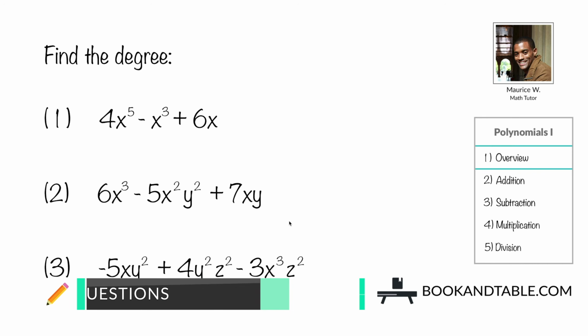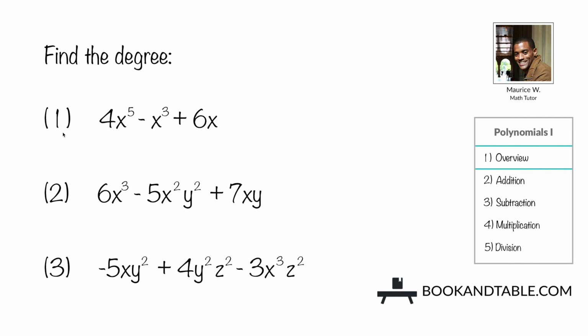Let's now have you try a few practice questions. Question number 1. Find the degree of 4x to the fifth minus x cubed plus 6x. Question number 2. Find the degree of 6x to the third minus 5x squared y squared plus 7xy.